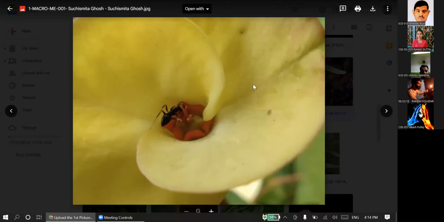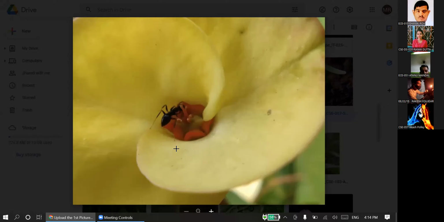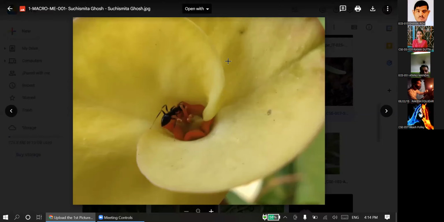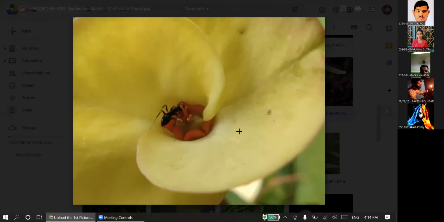It is my opinion. Otherwise, with the outline of these flowers, if you could make a little drama with the lights, then it could be better. But I think with the ambient light, the total image was visible, so there is no option for playing with light, and that's why it is not so appealing. Okay, sir.